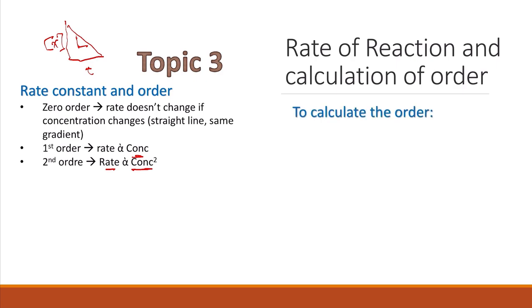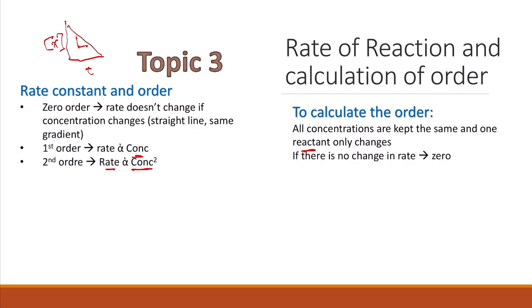How to calculate the order from the data given to you in the question. First of all, they will keep all the concentrations of the reactants the same, and only one reactant concentration will change. If you notice that the rate of the reaction doesn't change with the change of the concentration of that reactant, then this is zero order.